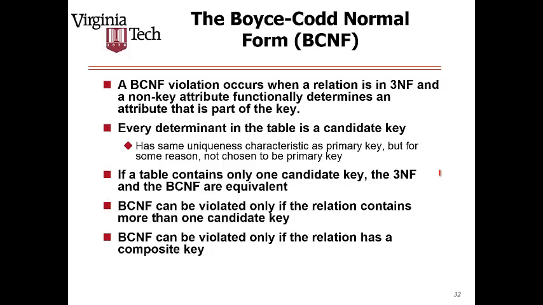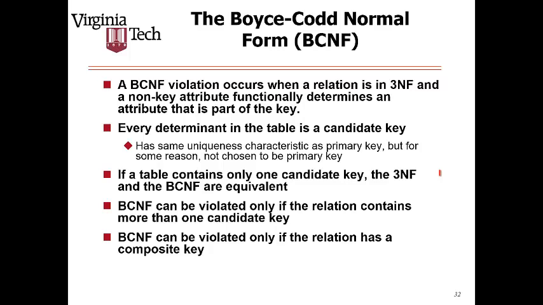It's very rare. I mean, if you're using an ER modeling approach, the idea that you would create a violation of this type is very rare. It can only happen when there is more than one candidate key, and it also can only happen whenever there is a composite key. We said both of these situations are relatively rare.